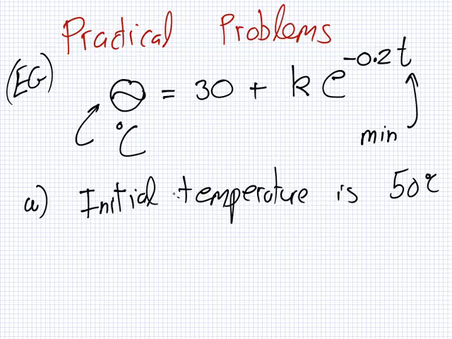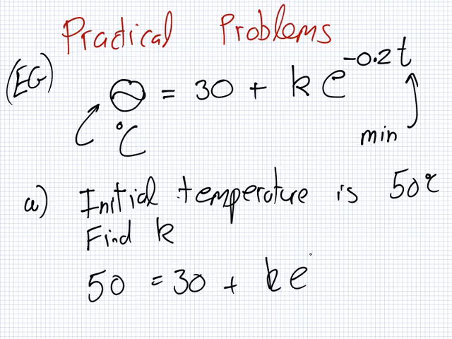Now we have enough information to find k. In this formula you replace the theta with 50 and you get 50 equals 30 plus k e minus 0.2 t, and what's the t here? It's 0. So e power 0 is 1, so we end up with k equals 20.